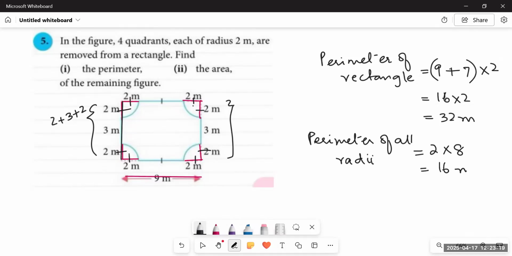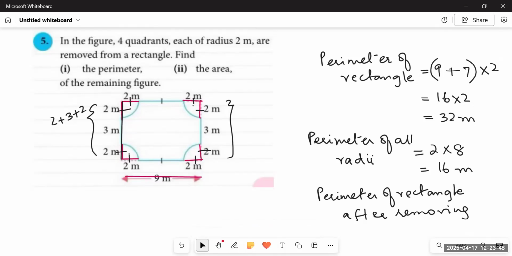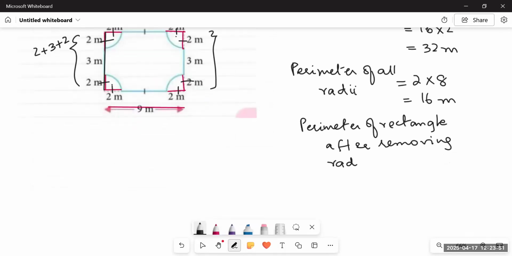Okay, it means 16 meters are removed from this rectangle. So we have to remove it from the perimeter of the rectangle. Thirty-two minus 16, which is 16 meters.